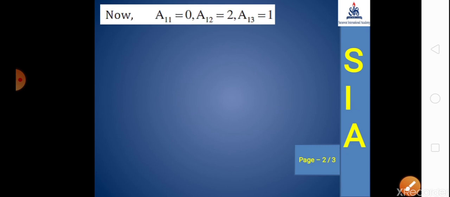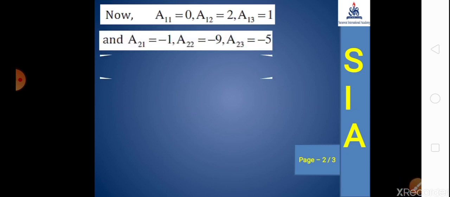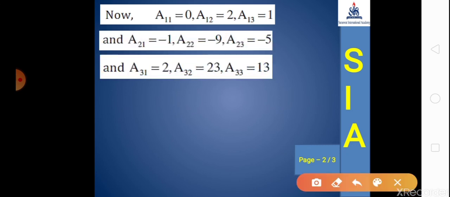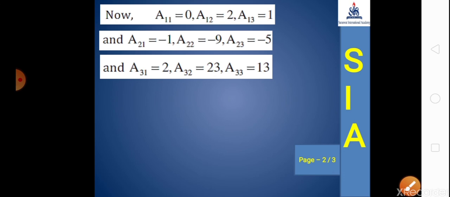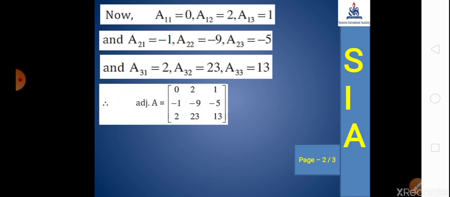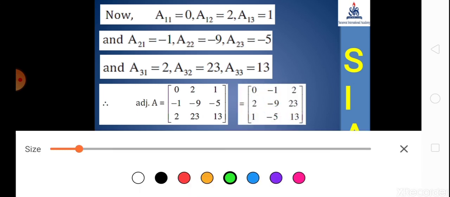So for the inverse, you know all 9 cofactors, and I repeat once more, A of ij is minus 1 raised to i plus j into M of ij, already explained in part 3 and part 4. Utilize these values, put a11 to a33 in the formula for the adjoint and take the transpose.